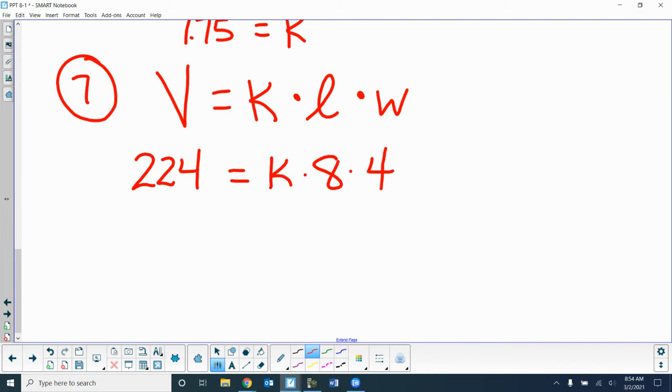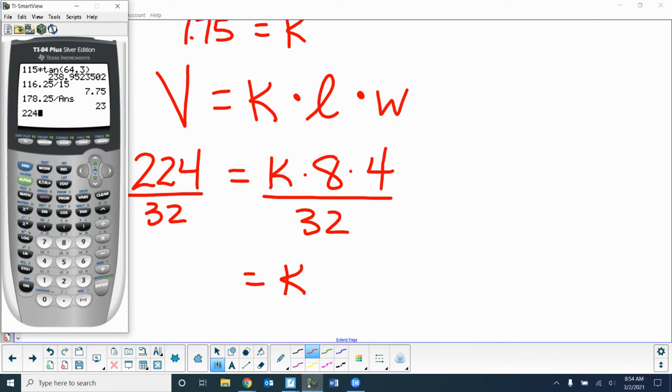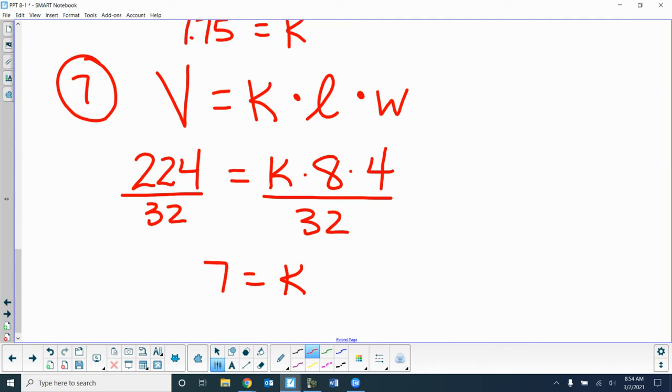So what's 8 times 4? 32. So how do I move the 32 over? Divide. So 224 divided by 32. 7. Okay, so that's my constant of variation, 7 now. So it says, find the length when the volume is 210 and the width is 5. Right?